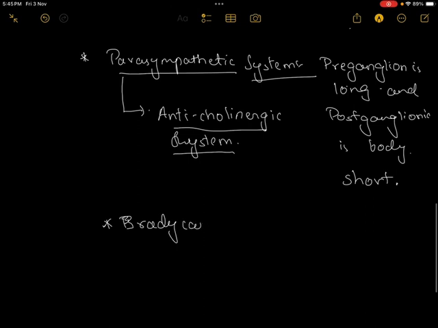If there is extreme stimulation of the vagus nerve, then there will be decreased heartbeat, and a case of decreased heartbeat may lead to bradycardia. So usually in bradycardia there will be a decrease in the exciting of the tissue and transmission of impulses from the pacemaker to the junctional node, to the bundle of His and to the Purkinje fibers.